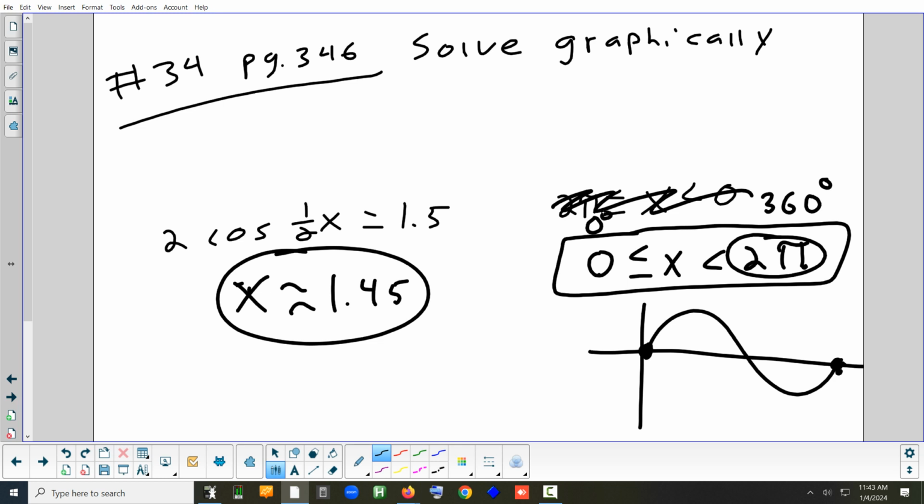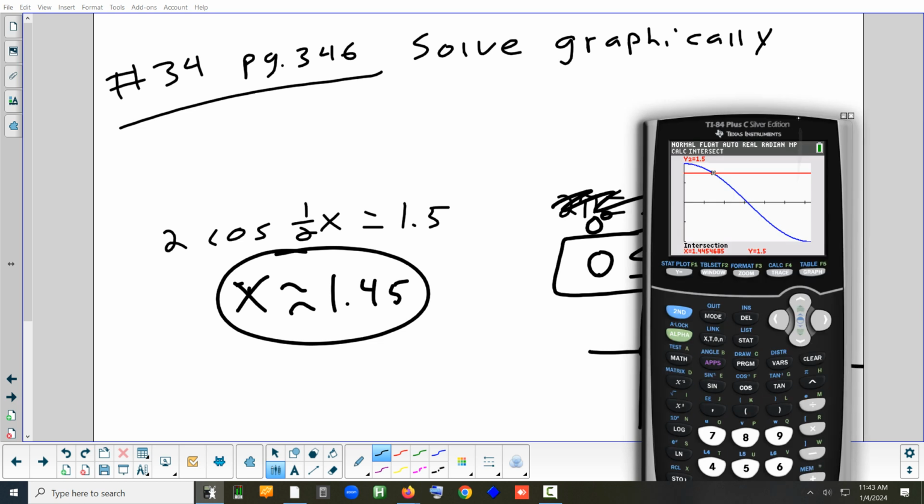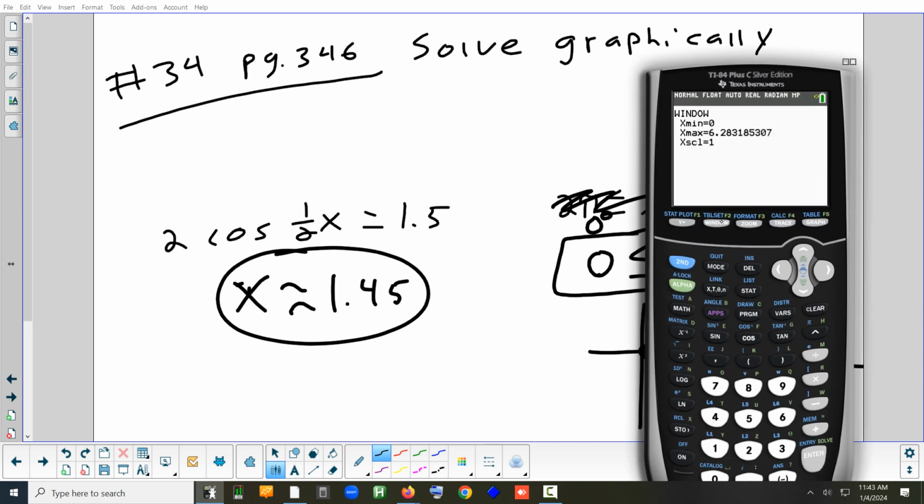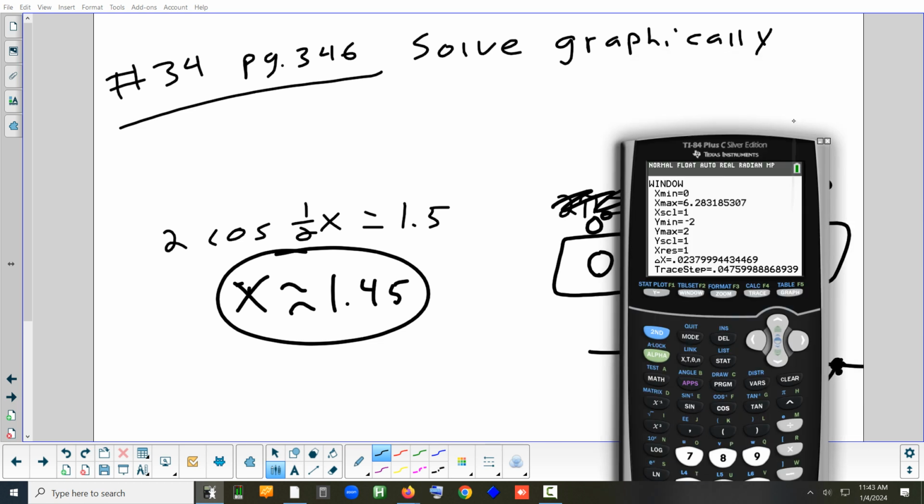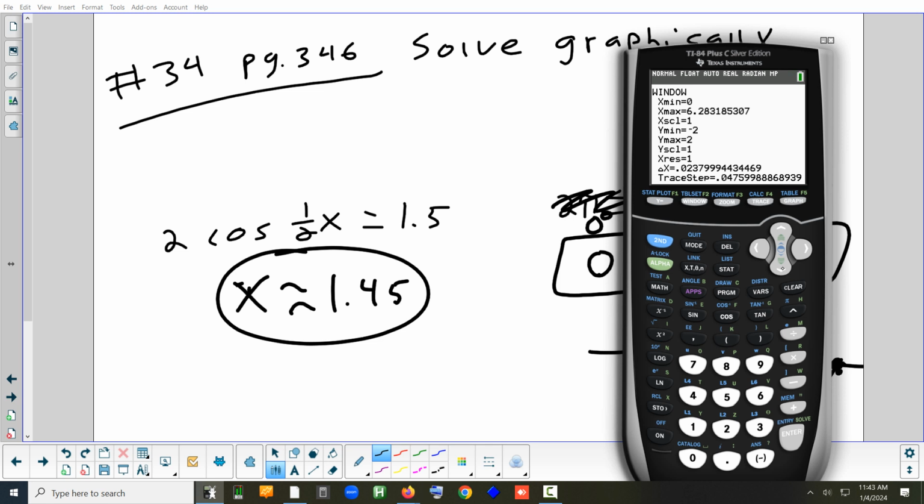Okay, so let's do it in degrees, in case there is one on the test that asks you to do that. Well, instead of 0 to 2 pi, just change it to 0 to 360. And there's one other change I have to do. Change my mode. Now there shouldn't be any difference in the picture. The picture should look identical to what you just did.